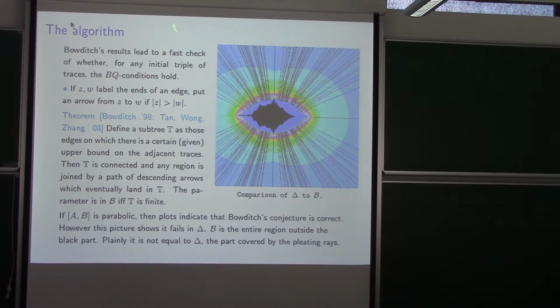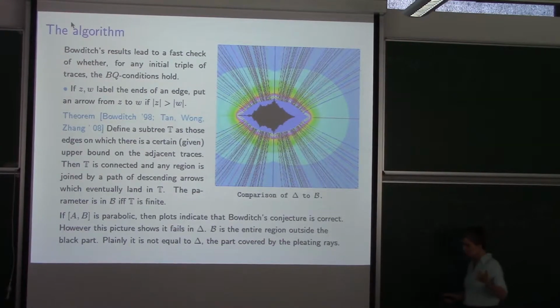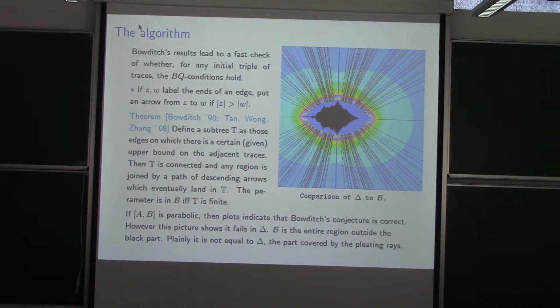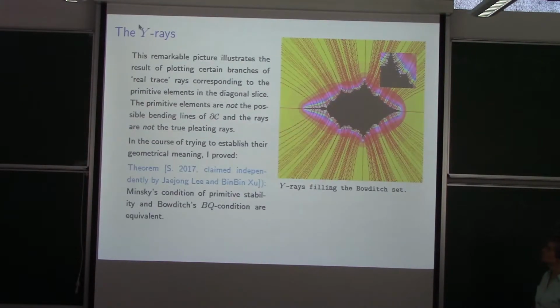There's one of these for each P over Q, so you take all the primitive elements, indexed by P over Q, figure out their traces, figure out where the traces are real valued, and you look for a branch of it coming in from infinity, and you draw the ray, and you think, oh, I'm going to be finding the pleating rays, and he did it, and he came out with this amazing picture.